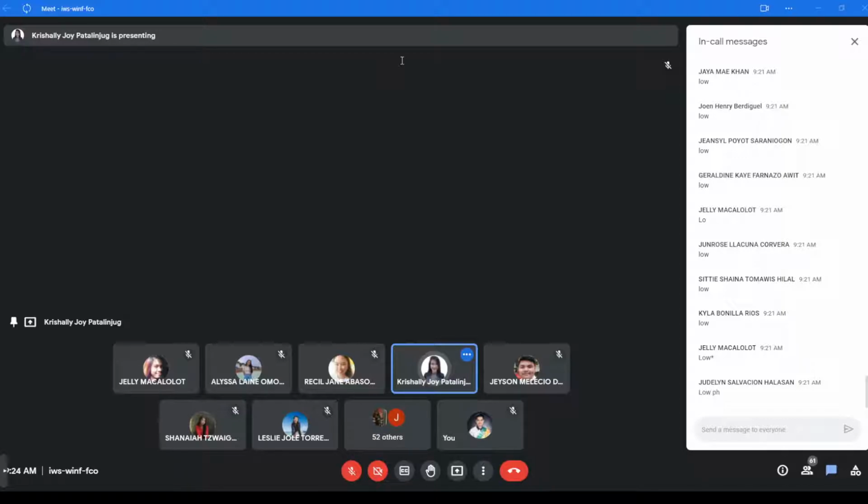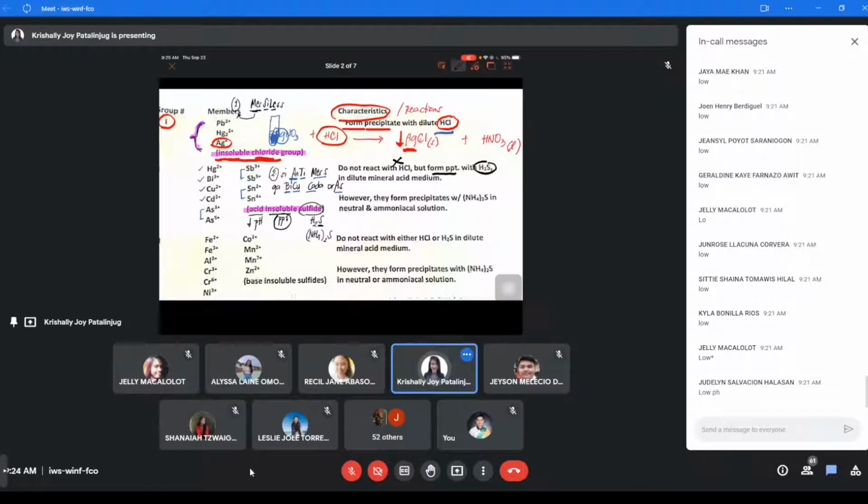Okay, that's why yung nakalagay dito sa rightmost part, characteristic nila, they do not react with HCl, but they form precipitate with dihydrogen sulfide in acidic medium.